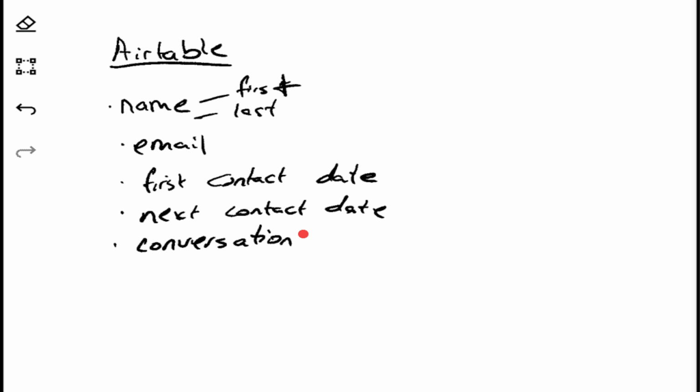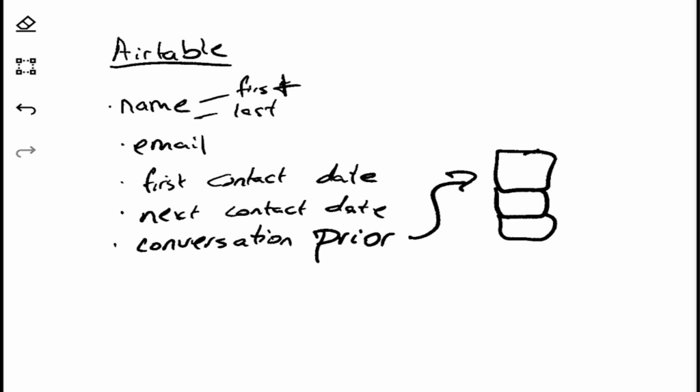So conversation, like prior. And this will keep adding to it. If this is the conversation from before, when we have an additional conversation, we can keep this and add to it, and we just keep adding to this. So it will be like one big record of text. I think that's pretty much it.